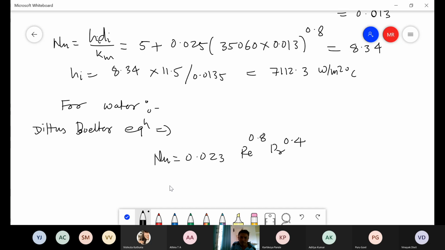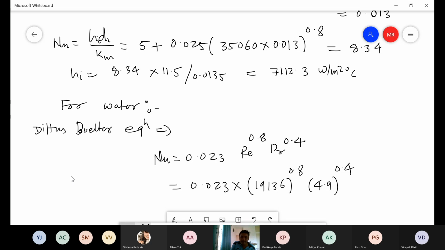So we can again put all the values here. So 0.023 into the Reynolds number we have already calculated, that is 19136, raised to the power 0.8 into the Prandtl number for the water, which is 4.9, already given in the problem statement. This 0.4 is for the heating.